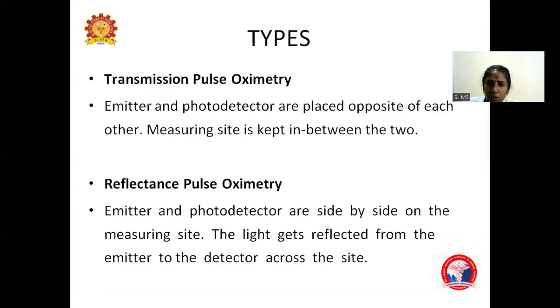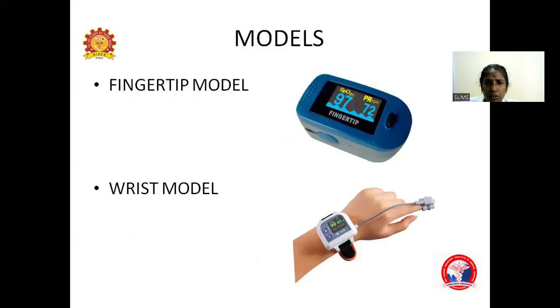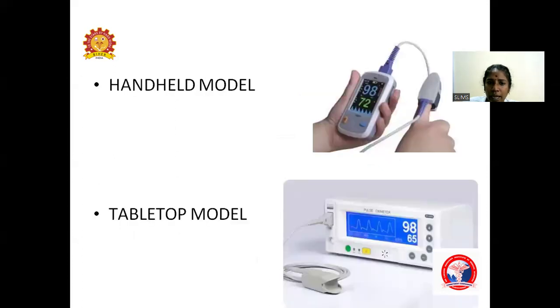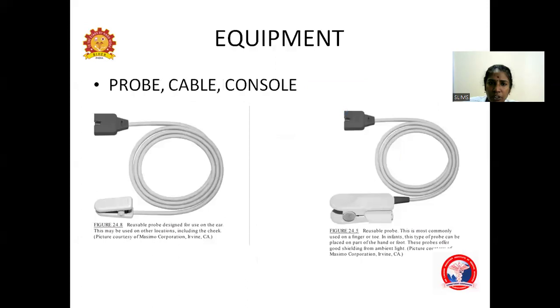Then you all know the types of the pulse oximeter. We have seen so many models used: finger model, wrist model, hand model, and the tabletop model.